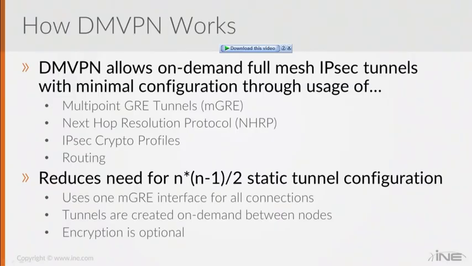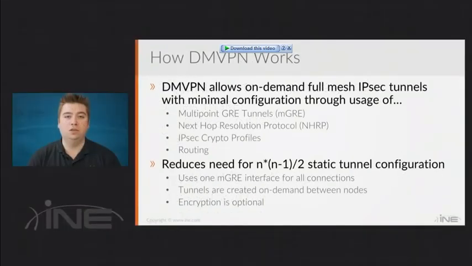Now, the way that DMVPN works is we start to get a little bit more into the lower level details. As I mentioned, it's going to be a combination of multipoint GRE, the Next Hop Resolution Protocol, and then generally IPsec on the back end. So the overall goal of doing DMVPN from a configuration point of view is that the configuration is very minimal as compared to some other solutions.